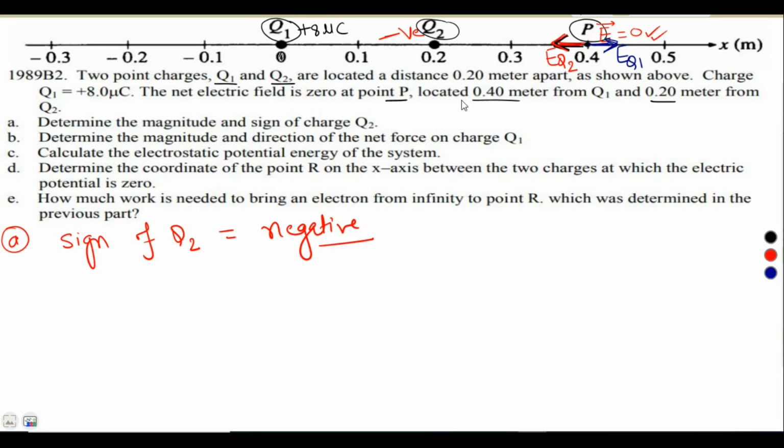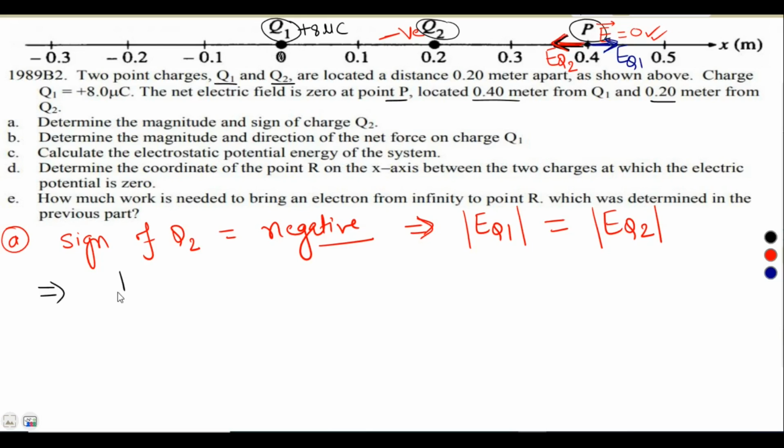To calculate its magnitude, we have to cancel the electric field due to charge Q1. So we can apply that the electric field due to Q1 should be equal to the electric field due to charge Q2. The magnitude of both electric fields should be the same.